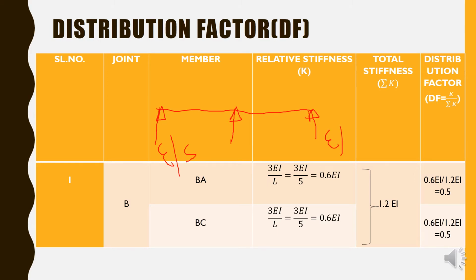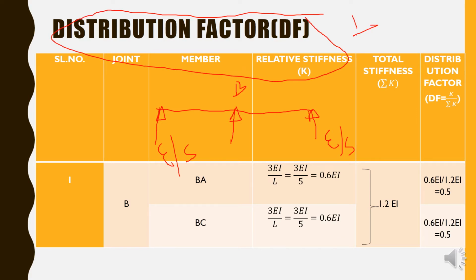Support B is an intermediate support, and the distribution factor will be calculated for intermediate supports only. Since B is an intermediate support, B will be considered here, and the members connected to B are BA on the left-hand side and BC on the right-hand side.